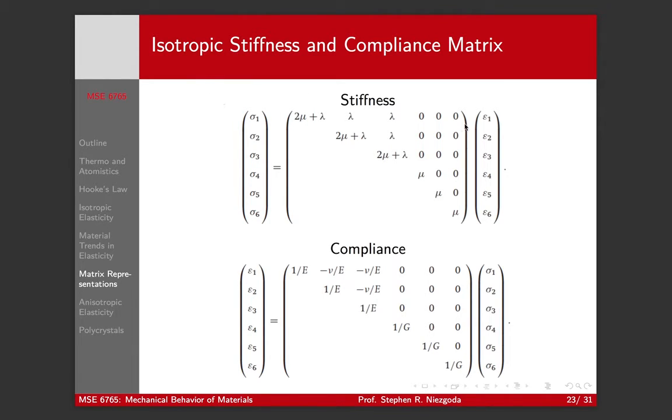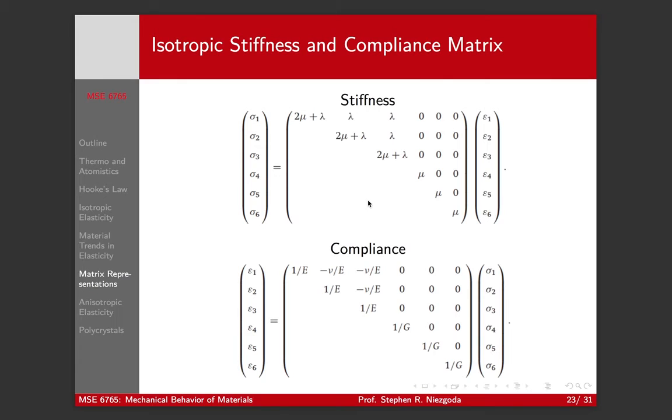Okay. So for isotropic stiffness and compliance matrices, C11 is equal to 2 times our shear modulus plus lambda, the Lamé coefficient. And for the compliance, it's 1 over Young's modulus, with the Poisson's ratio terms. So we typically write our stiffness matrix with respect to the Lamé coefficients for isotropic materials, and we write our compliance matrix with respect to Poisson's ratio, shear modulus, and Young's modulus.